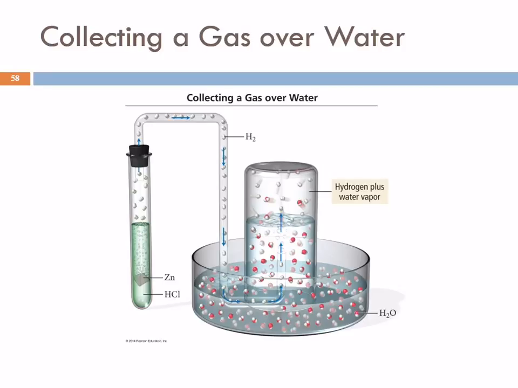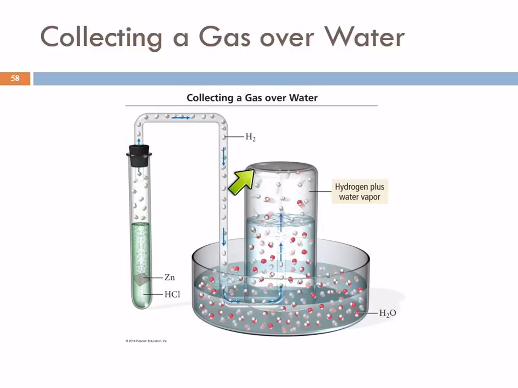So here's a reaction that generates gas. We mix zinc metal with hydrochloric acid. It generates hydrogen gas. And we want to measure how much hydrogen gas is given off, maybe the number of moles or the mass of it. How do we do that? Well, we have this reaction occur in a closed container. Here it's a test tube with a one-hole stopper in it, and we have a piece of glass tubing in the hole directing the gas down underwater and under this inverted beaker.